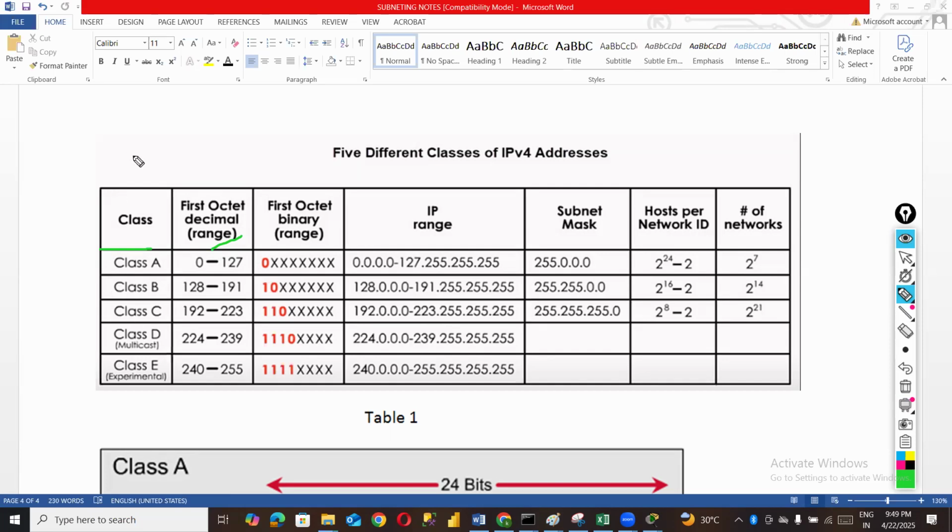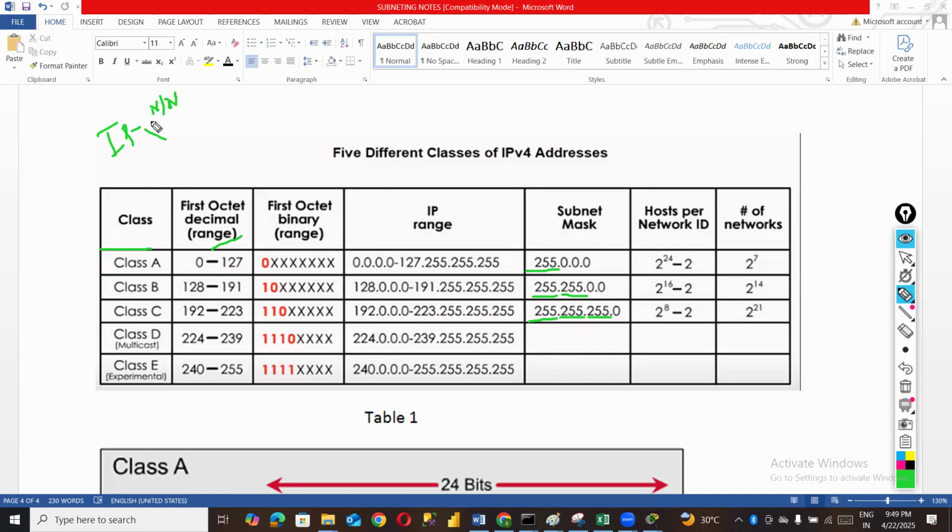And what about class A, class B, class C? The major difference: in class A, we have one network octet. In class B, we have two network octets. In class C, we have three network octets, right? First, what is an IP address? An IP address is a combination of network bits and host bits.